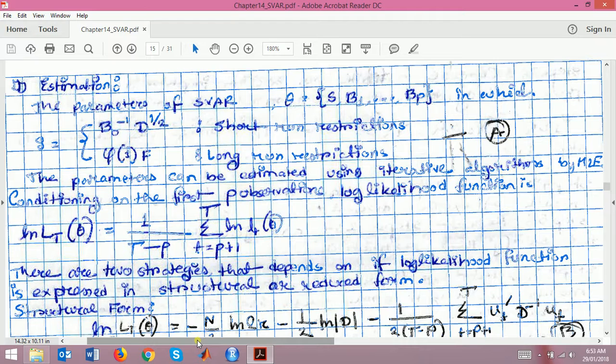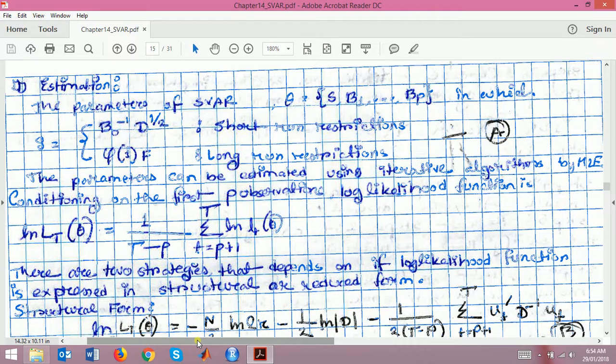So the log likelihood function equals 1 by T minus rho, summation of the log likelihood function, which will start from rho plus 1 up until T. So this is something we need to remember. So we don't have to mention it as rho. I made a mistake here.